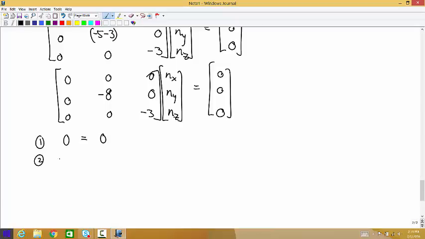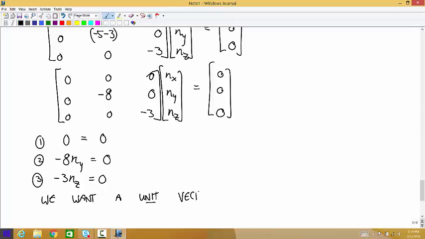The second one says negative 8 ny is equal to 0. And the third one says negative 3 nz is equal to 0. We want a unit vector that satisfies those 3 requirements.